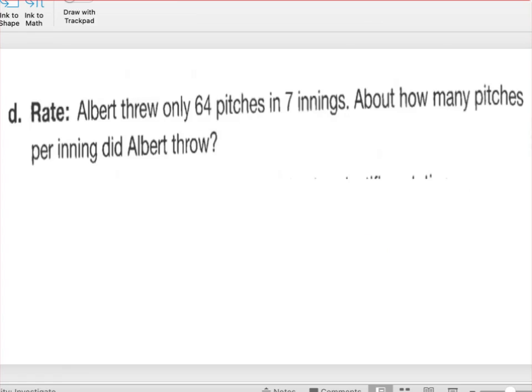Okay, so Albert threw only 64 pitches in 9 innings. About how many pitches per inning did Albert throw? Okay, so 64 in 7 would be 64 divided by 7.